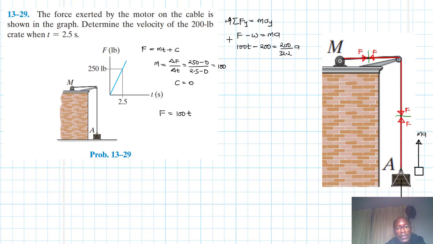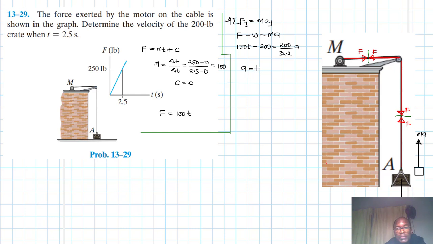Let me just create a boundary there like so. So what do we have here? Let's write a in terms of t. a is going to be equal to 100 divided by 200, which is also divided by 32.2.